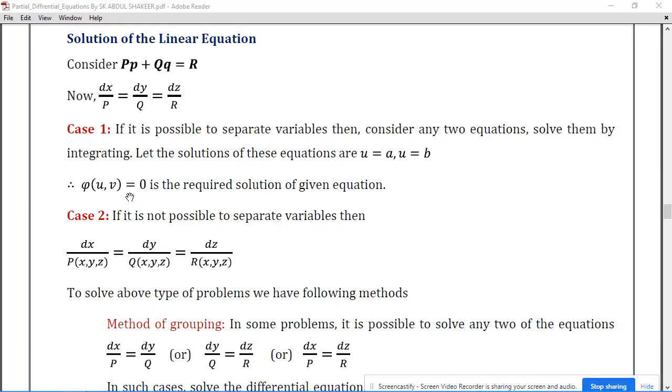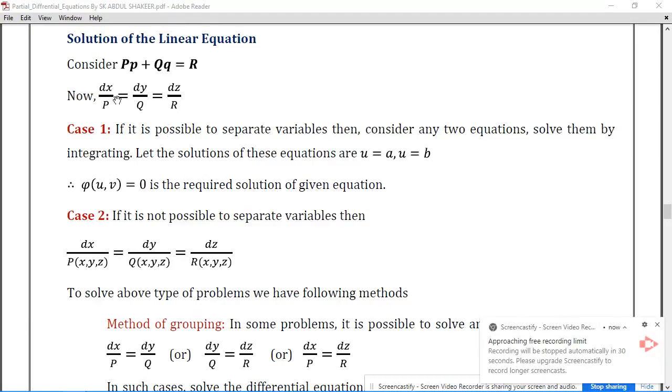Hence the solution is phi of u, v equal to 0, which is the required solution of the given equation. So we just have to separate any two equations and solve them by applying integration on both sides.